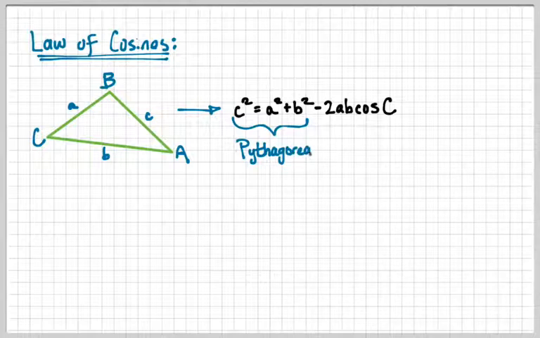This formula is actually based off the Pythagorean theorem. The latter half of it, the minus 2ab cosine c, just helps us to accommodate for triangles that are not right triangles.